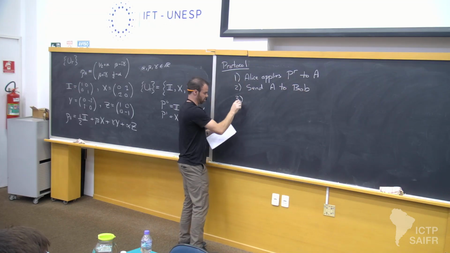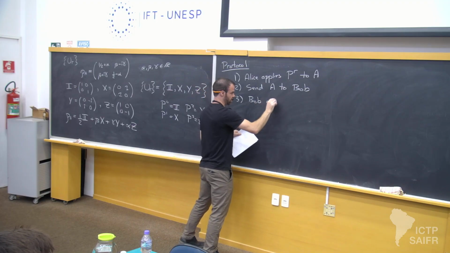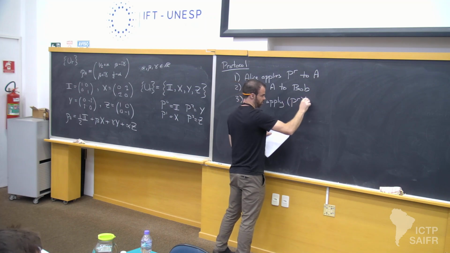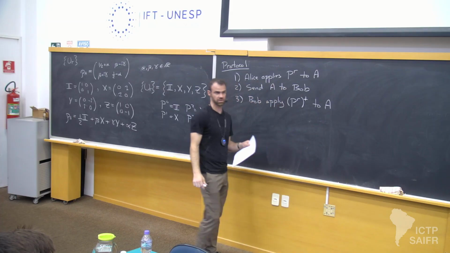And then Bob is going to apply P_R dagger to the thing he receives, to A.